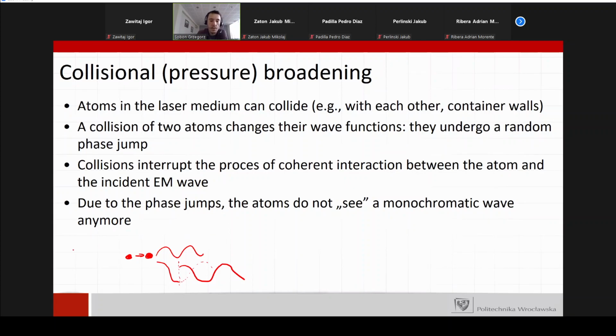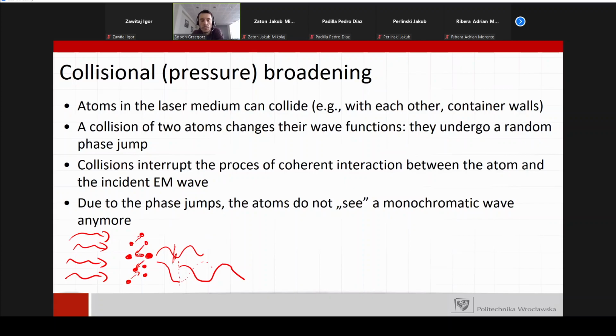So we have photons incoming from this side, right? And these atoms need to absorb the photons and generate next photons in the process of stimulated emission. But if they collide together, the collisions will cause these interruptions in the phase.